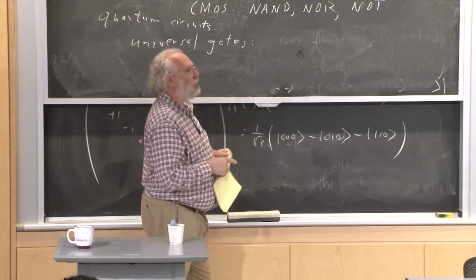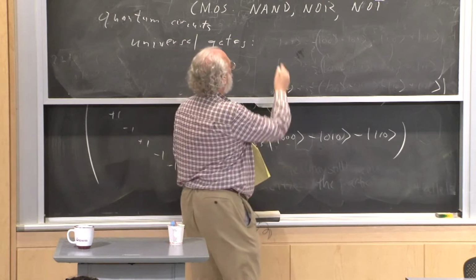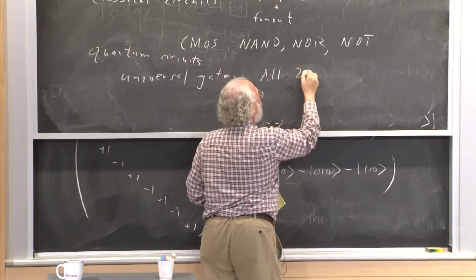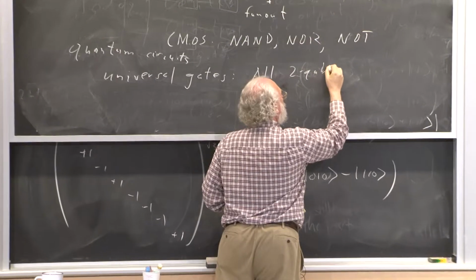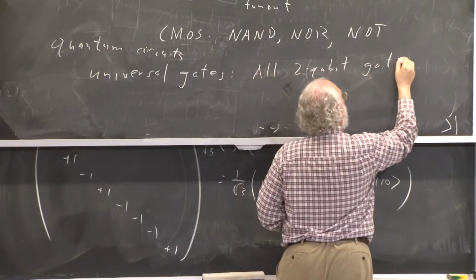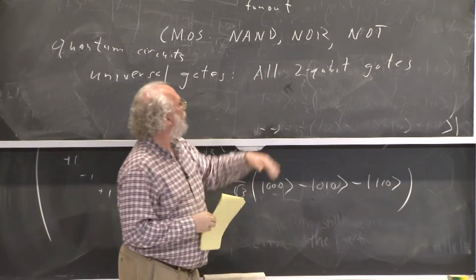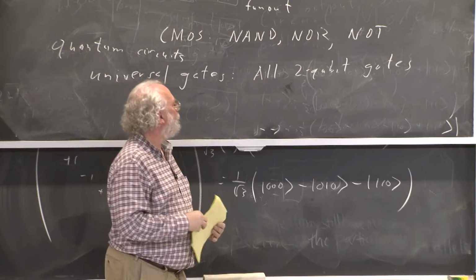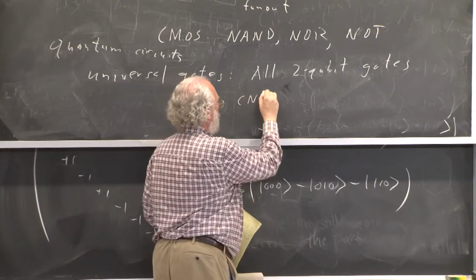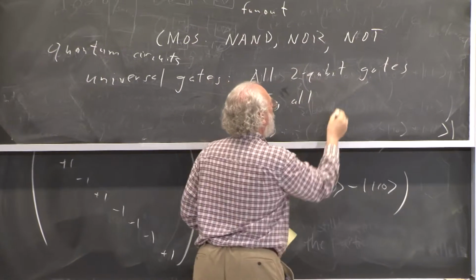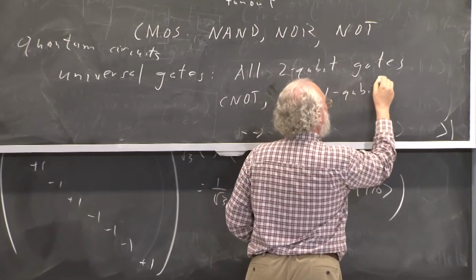And the universal gates we choose, well, all 2-qubit gates. So I think this is what we're going to prove is universal today. C0, all 1-qubit gates.